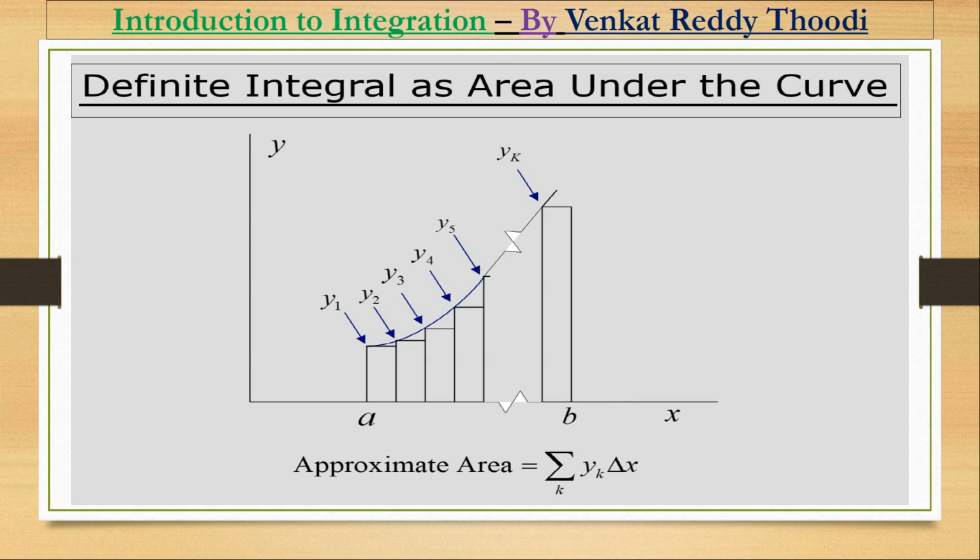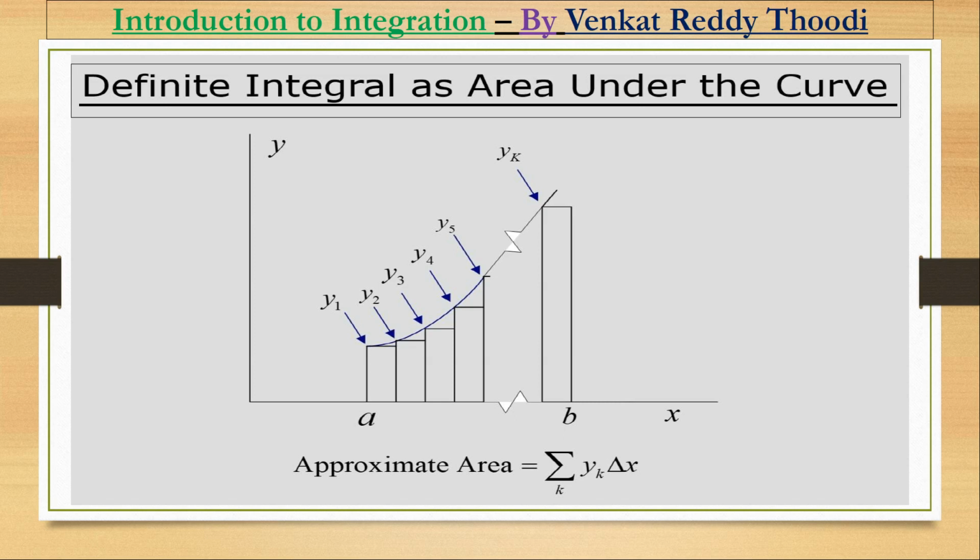Each part you can see, we divided as a rectangle. The area of a rectangle you know very well: length into breadth. Length is nothing but, you can see, on the x-axis, in the interval A and B, as we have divided that line into small parts, let us take each part as delta x.